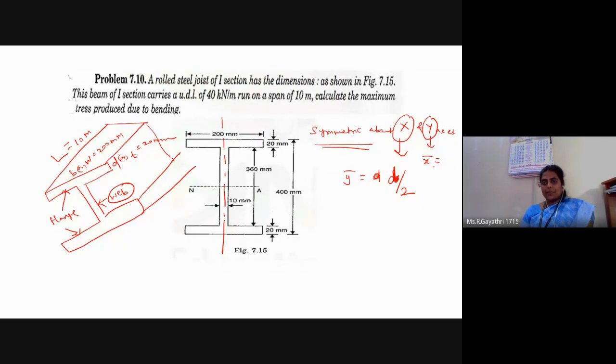Symmetric about y axis means x bar is equal to total width by 2.